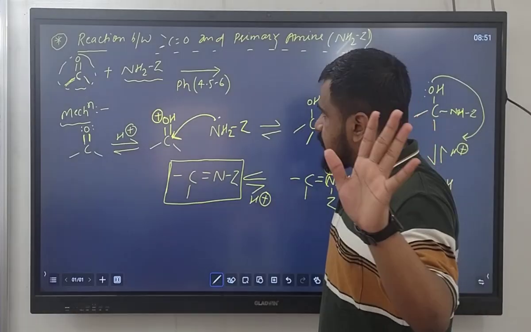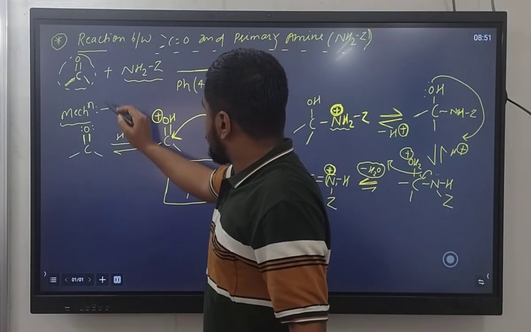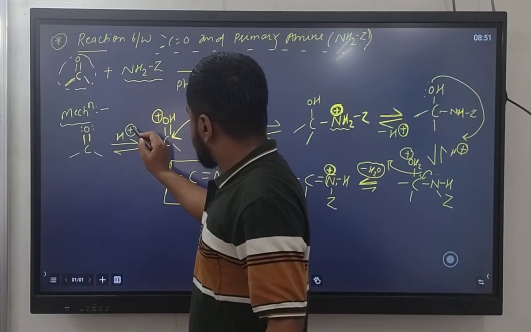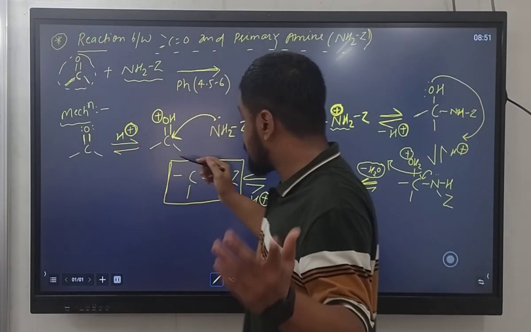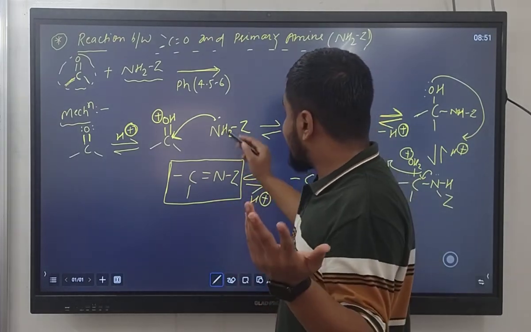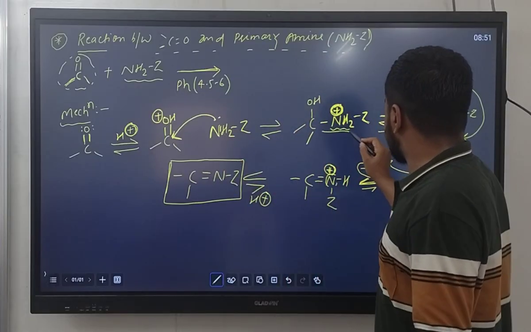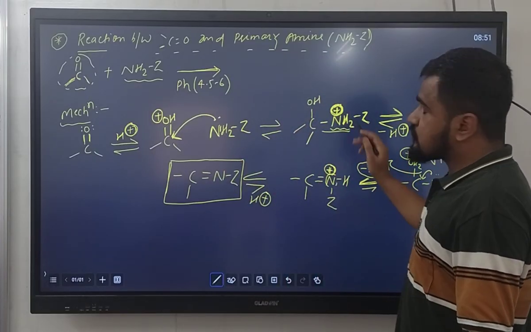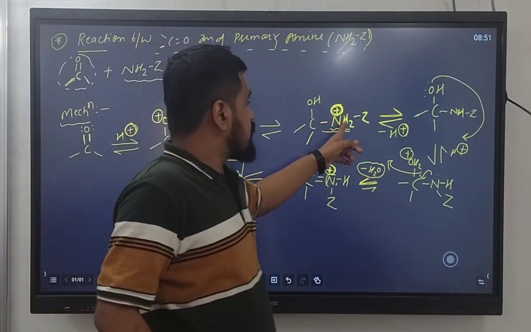So again, first we have to protonate the oxygen of the carbonyl compound to maximize the electrophilicity. Then NH2 attacks this carbon, and nitrogen has a positive charge, so one H plus is released from the nitrogen side.